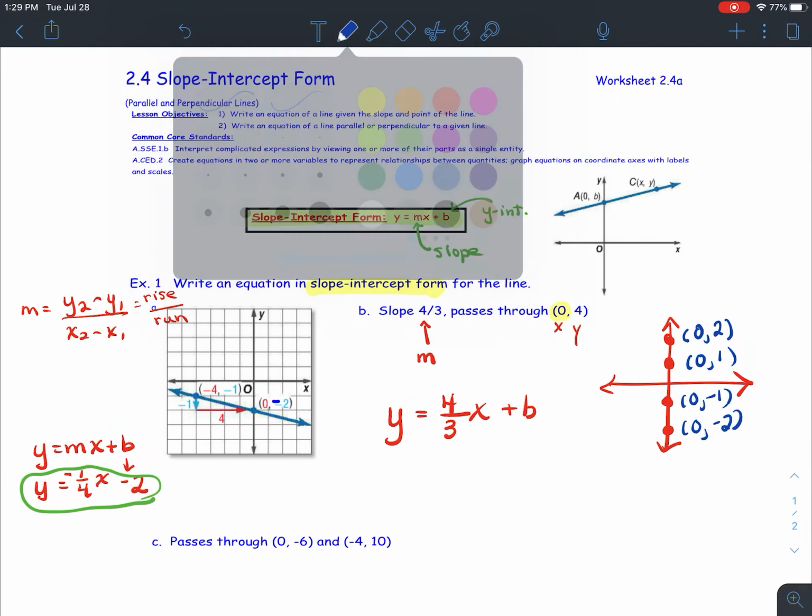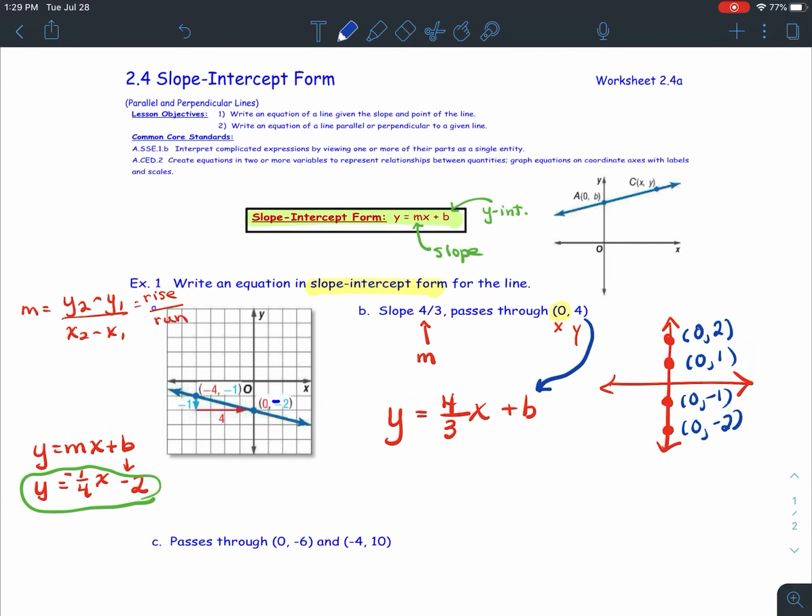So we would take that 4, and we would substitute that 4 in for the b, and that's the y-intercept. I will tell you, had this x value here been anything other than a 0, we would not have been allowed to grab that y-coordinate and just shove it right in here for the b. This has to be a 0.